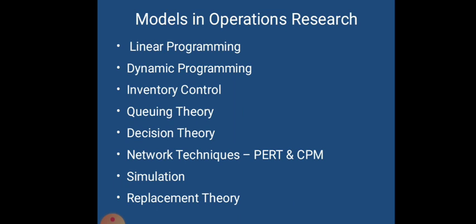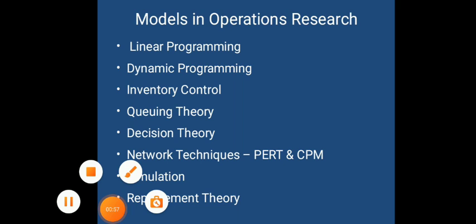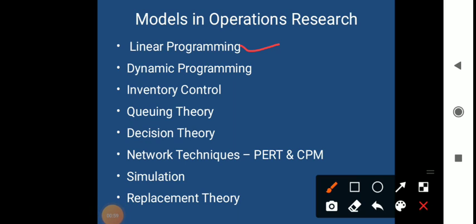The first type of model that we are going to discuss today is linear programming. It is also known as LPP, linear programming problem. So what is linear programming? As the name suggests, it is linear, that is, we convert the decision variables into linear mathematical models, that is, linear equations that represent a straight line, and then we solve it either graphically or with any other algebraic methods known to us.